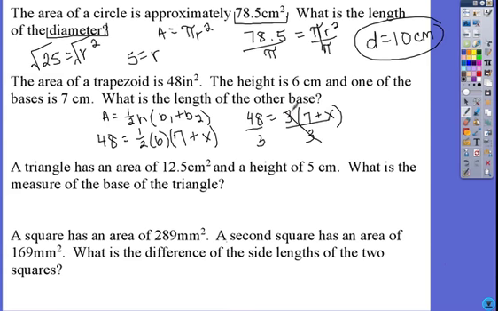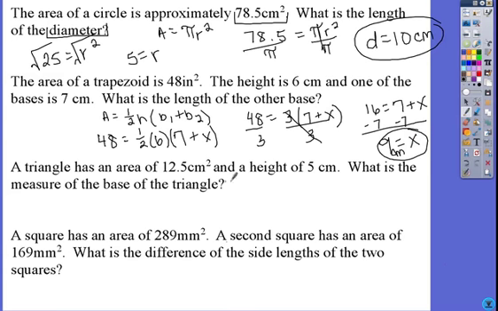So if I do that, I end up with 16 equals 7 plus x. Then to solve for x, subtract 7. So 9 is x. So the missing side, the missing base, is 9 centimeters.